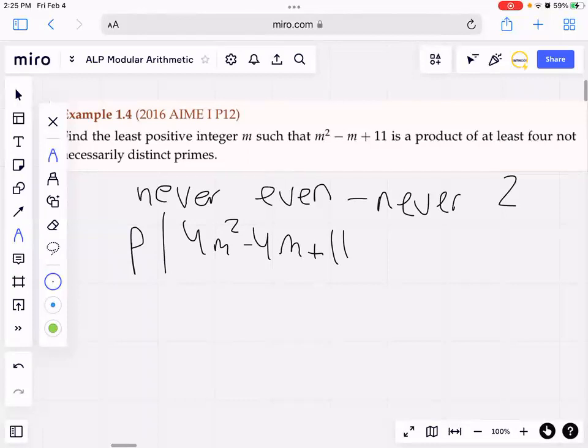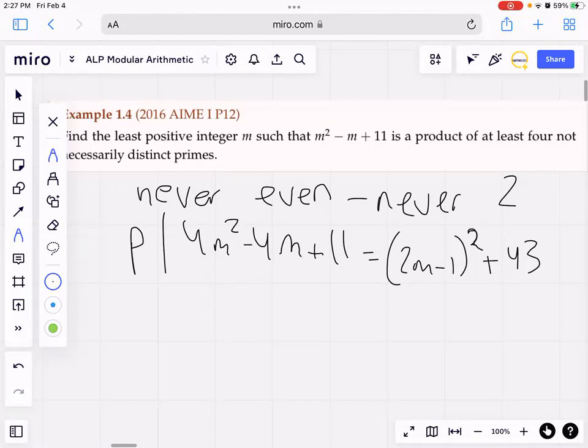The reason we did this is because we can then turn this into (2m minus 1) squared plus 43. And manipulating expressions and equations is a great idea when you're working with modular arithmetic.